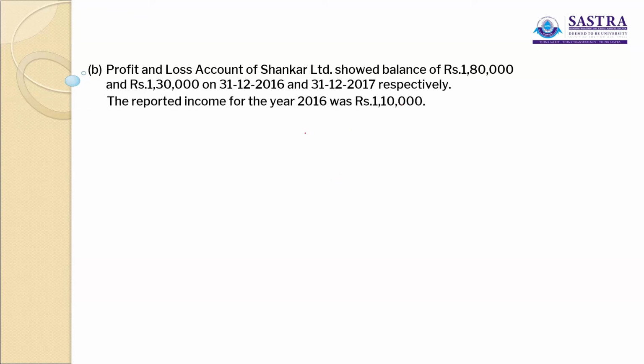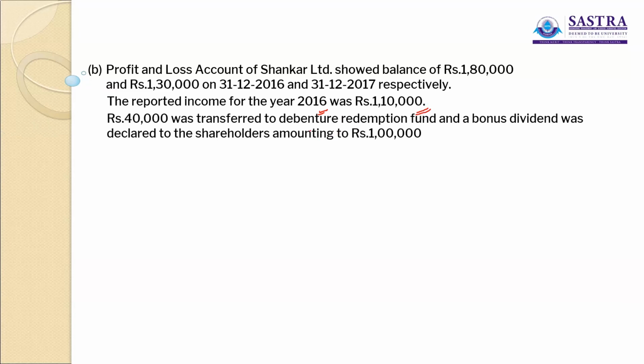The reported income for the year 2017 is given as 1,10,000. Rupees 40,000 was transferred to debenture redemption fund account, and a bonus dividend was declared to shareholders amounting to rupees 1 lakh. And the question is, ascertain the cash dividend paid, if any.